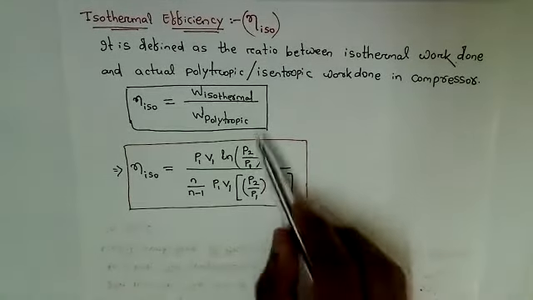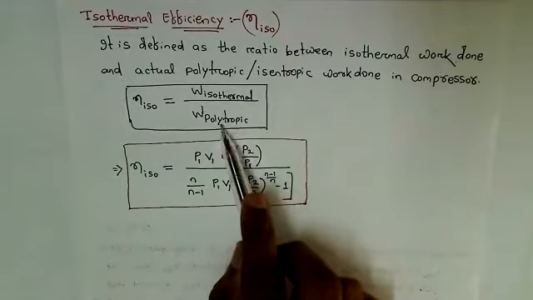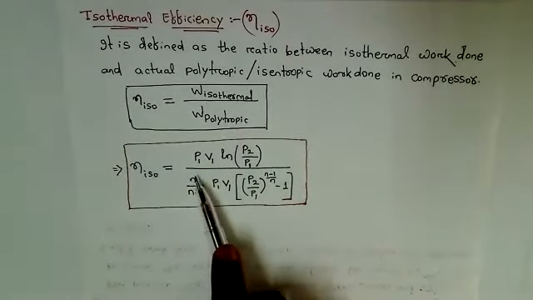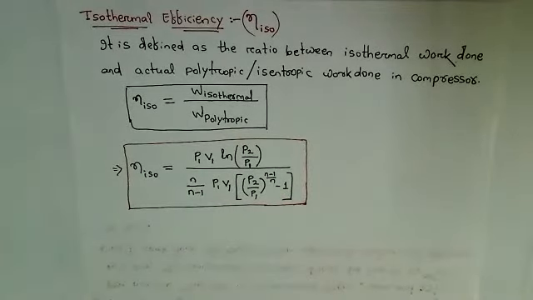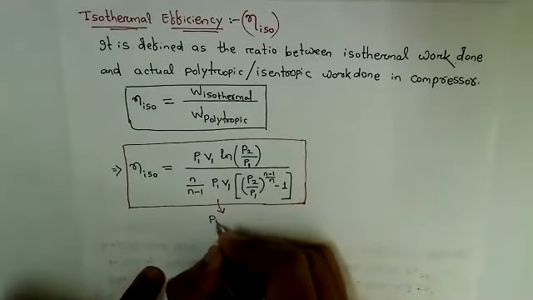Okay, if it is a polytropic process, then we write n here. If it is an isentropic or adiabatic process, then in place of n, we write gamma. So this one is for the polytropic process.